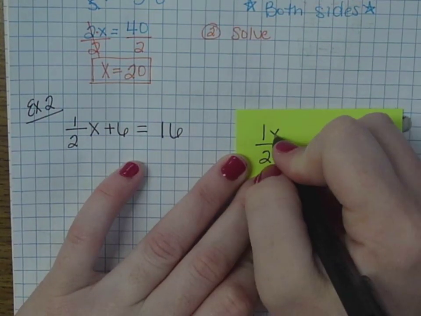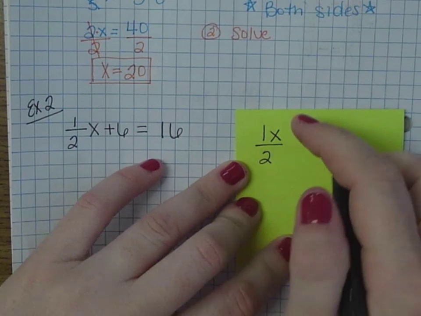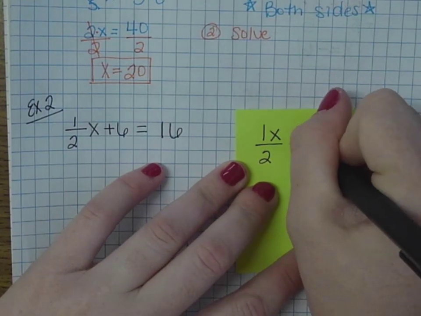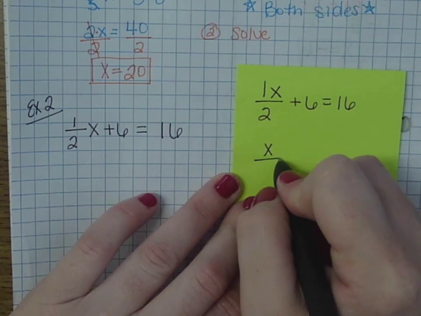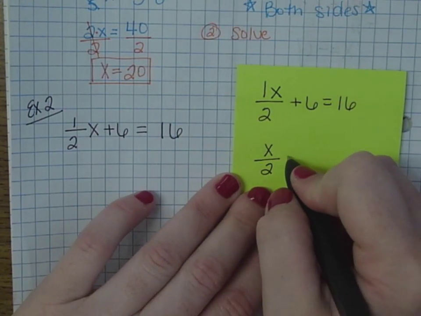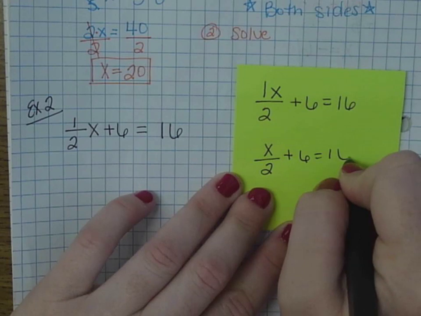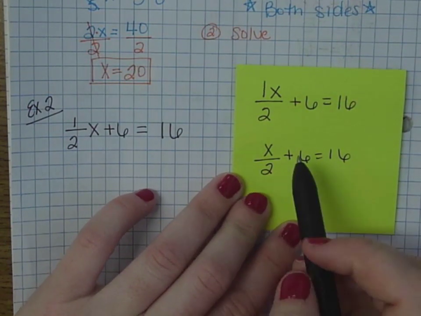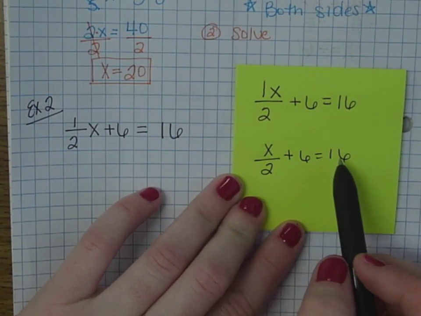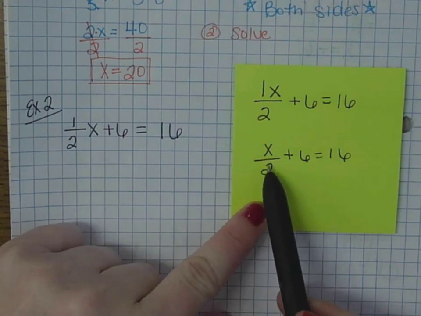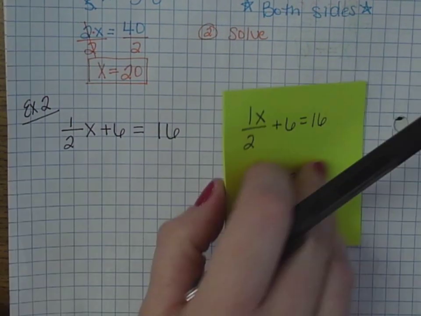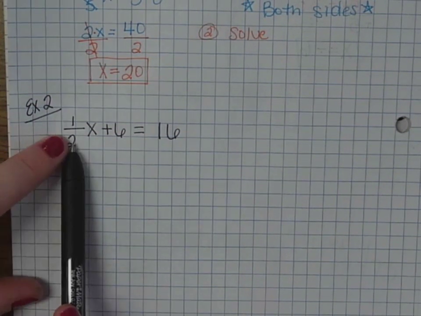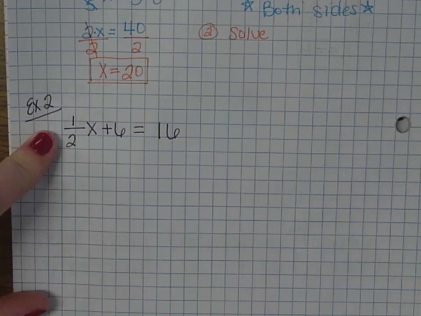It could be in the numerator, and you wouldn't even have to have the 1. It could just be x divided by 2 plus 6 equals 16. So it could look exactly like that x divided by 3 one that I just showed you. But for right now, we're going to make it for sure that these are fractions.